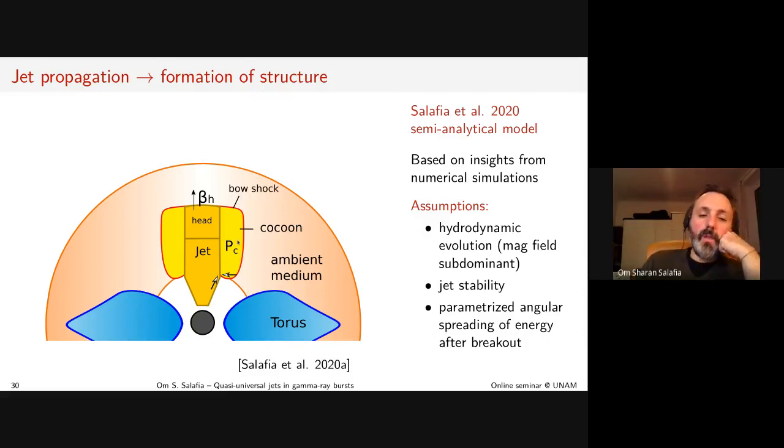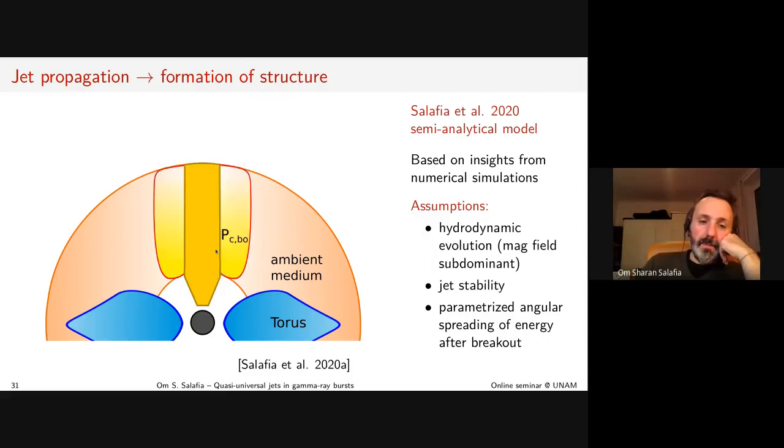And this region is overpressured with respect to the ambient medium, and it could be also overpressured with respect to the jet. So the pressure of the cocoon indeed can balance out the transverse momentum of the jet material and collimate the jet.